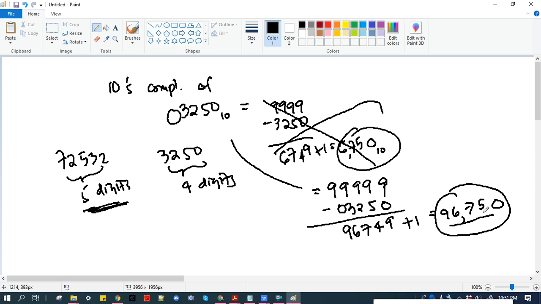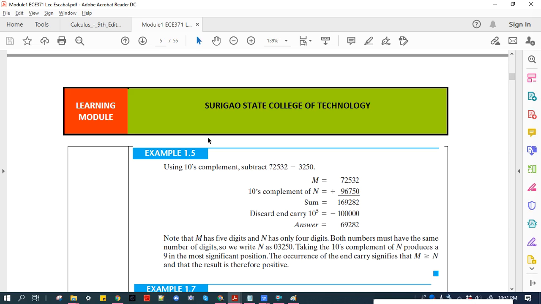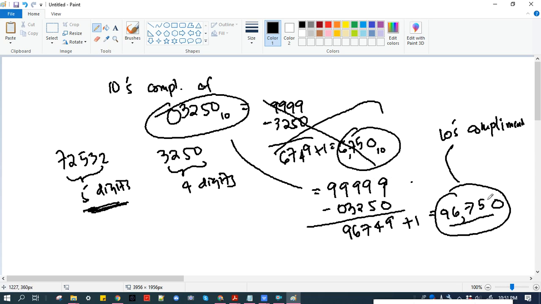This should be the right tens complement, the tens complement of this 5-digit number. That's why it is written here as 96750.